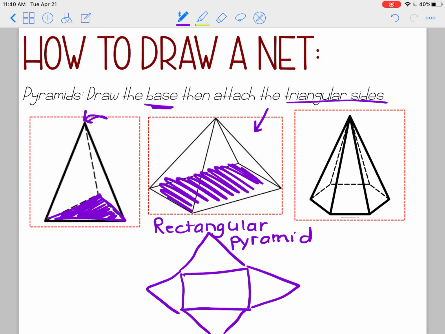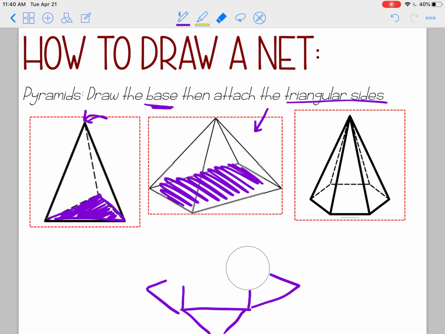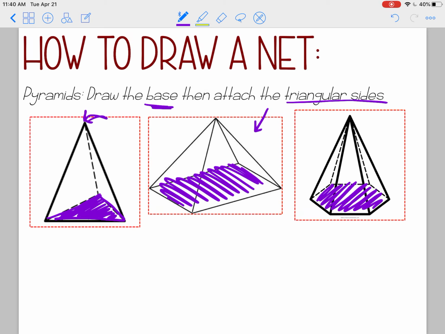All right, and then the last one here, still a pyramid because it's got those triangular sides, but if you look, our base has 6 sides, so it's a hexagonal pyramid. So we're going to draw our hexagon base first.